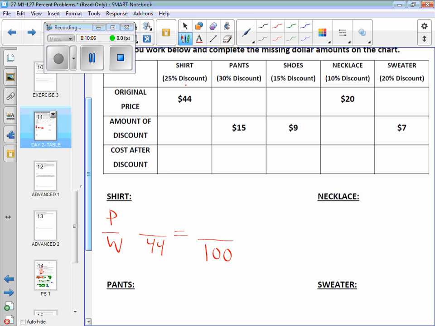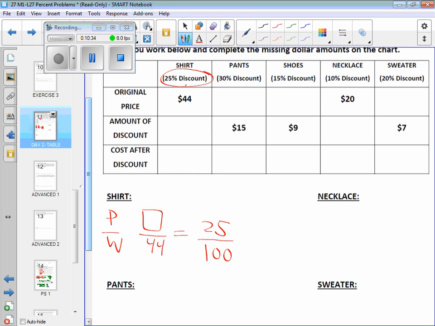What's the discount? Ryan, 25%. Where'd you find it? Above the 44. Right, it is located underneath the item. That's the part that sometimes the students don't say. And we have to find the amount of the discount or the part. Can you make a connection?